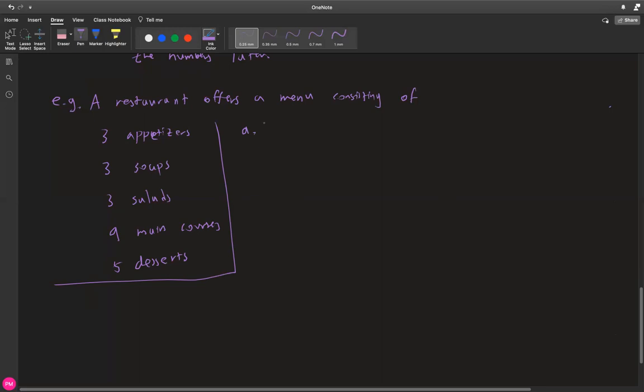And let's say a fixed price lunch consists of a choice of appetizer, salad, and the main course. How many different ways can you order this lunch menu?